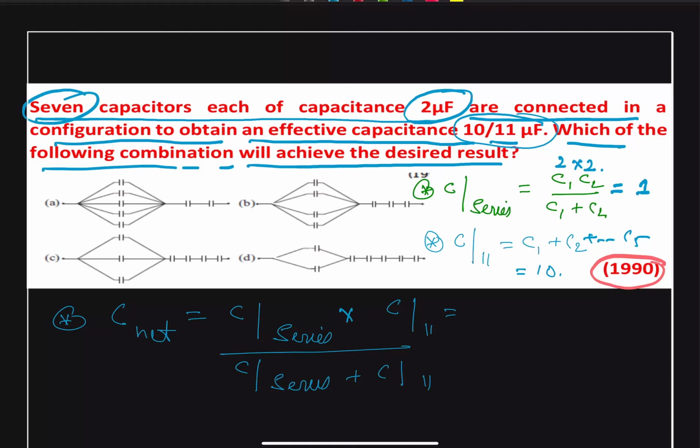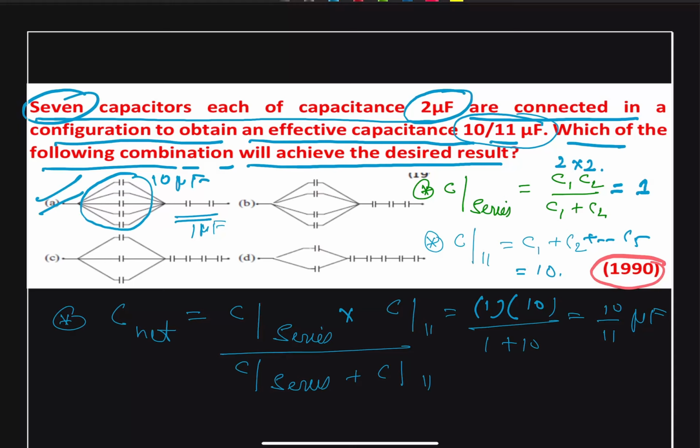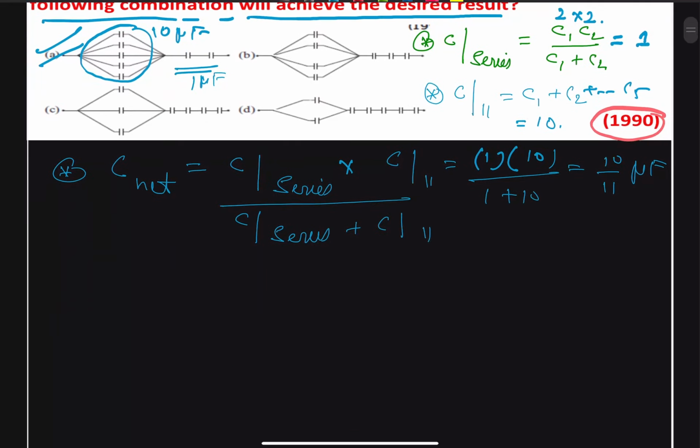And we have C series as 1, C parallel as 10, and this comes as 1 multiplied by 10 upon 1 plus 10, giving us 10 upon 11 microfarad. So here we get the series combination as 1 microfarad, and the parallel combination will be coming as 10 microfarad. So option number A is the correct option. Option A is correct.